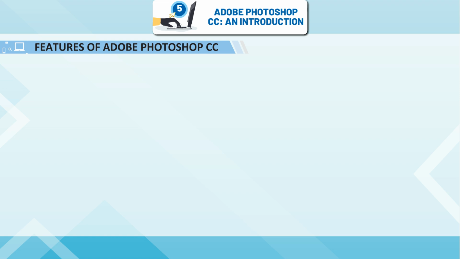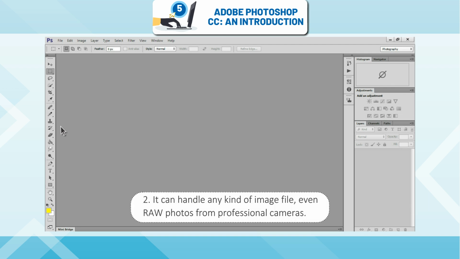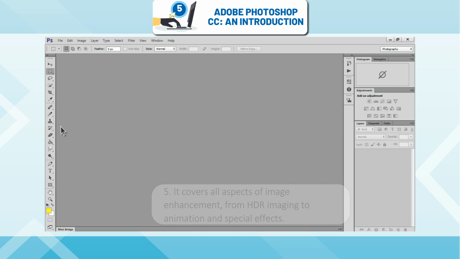Features of Adobe Photoshop CC. Some of the features of Adobe Photoshop CC are as follows. It is a comprehensive tool for editing images. It can handle any kind of image file, even raw photos from professional cameras. It uses the Mercury graphics engine to make editing smoother and faster. It provides a wide range of powerful tools that let you manipulate images with precision and creativity.